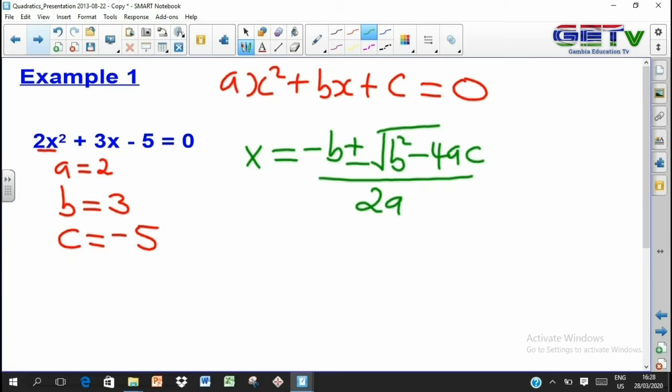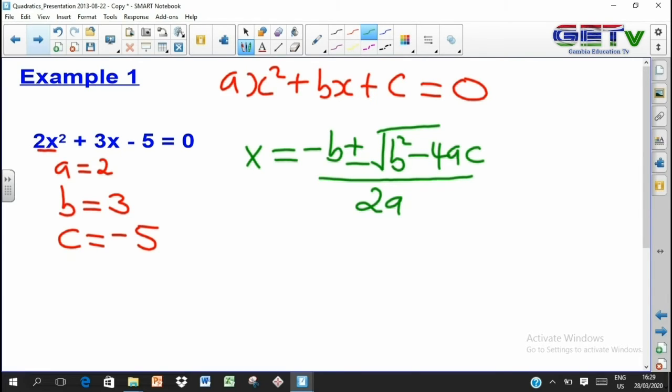Now, how are you going to use this formula to solve this equation? We are going to substitute. In grade 8 or grade 9, your teachers taught you how to substitute what? Numbers for letters when solving equations. That's exactly what we are going to do here. We know the value of a, the value of b, and the value of c, so we are going to substitute them directly into the formula.